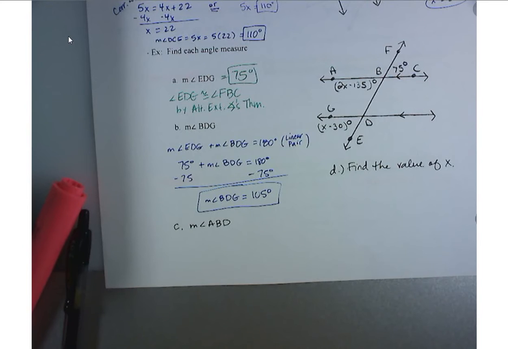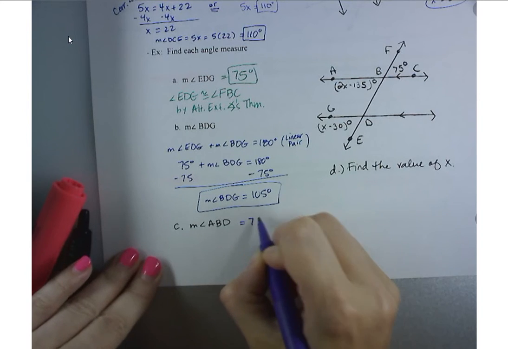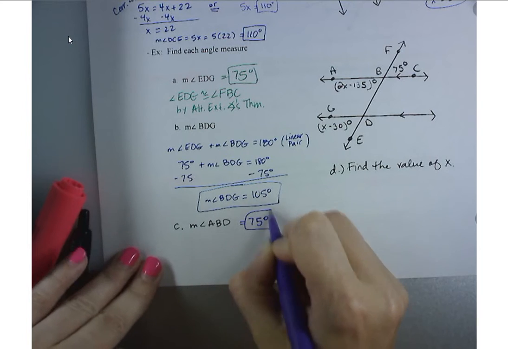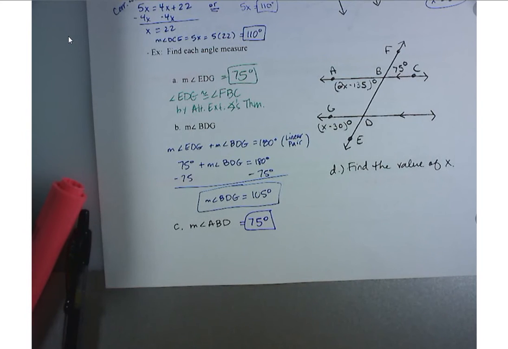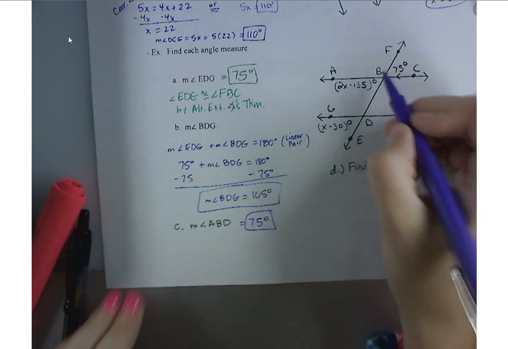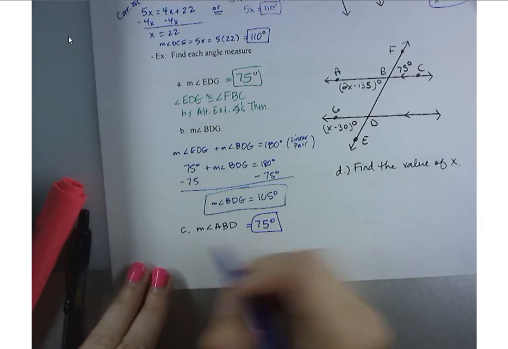All right, Tony, what are you thinking about for the measure of ABD? I think that's 75. Can you tell me how you know? You are correct. I know because it's on the opposite side of FBC. Okay, and what's the relationship between those?